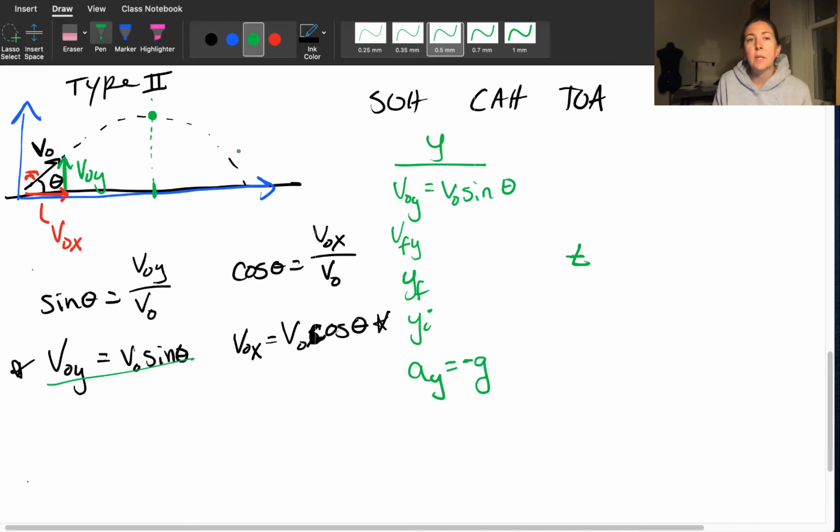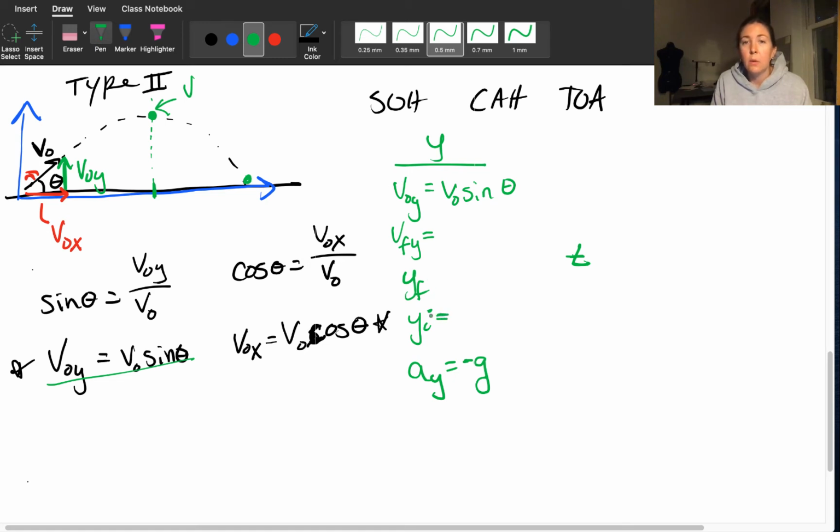But if it's asking what's the total distance that it travels, you might want the final position to be over here. If you're talking about the top, just like if you throw a ball up in the air, that y velocity will become 0, and then it will travel back downwards. If the final position is down here, the final velocity will just be the opposite of the initial velocity.